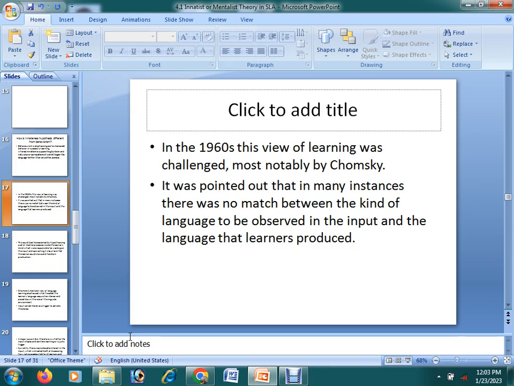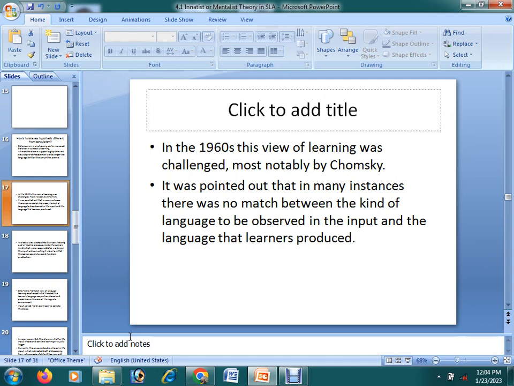Rather, the children get stimulated by input, and they will try to produce language from their innate capability. And for this reason, this language learning theory is called innatism.